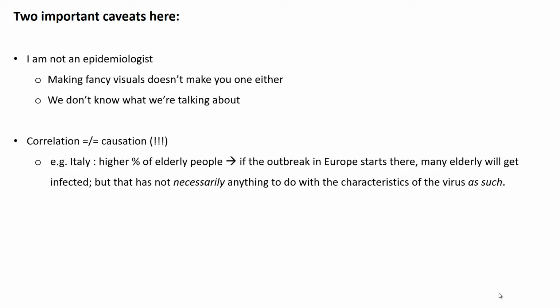But it could also be a spurious relationship based on coincidence. For example, Italy is basically the country where the outbreak started for Europe. And it also happens to be a country with a high percentage of elderly people. So if you find a relationship, is it because there's really something going on with these numbers of elderly people in a given country and the number of infected? Or maybe it's just because Italy happens to be a country with a lot of elderly people. It's really hard to find the causal evidence here.